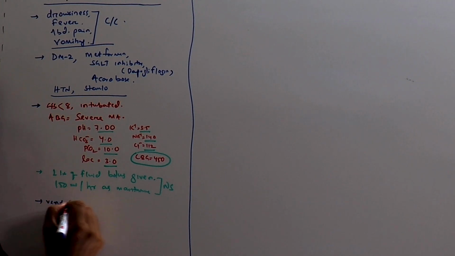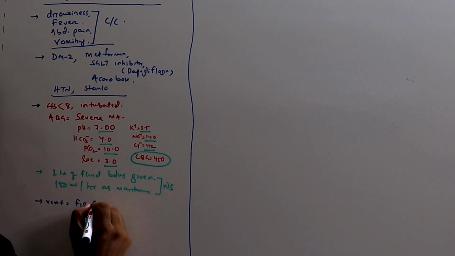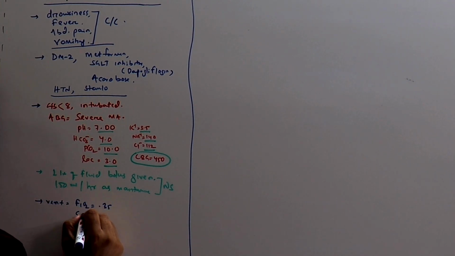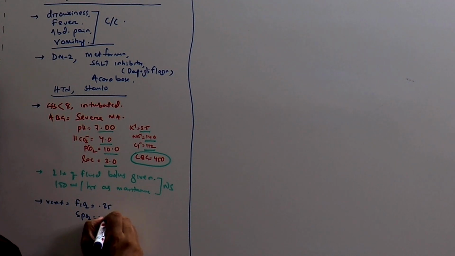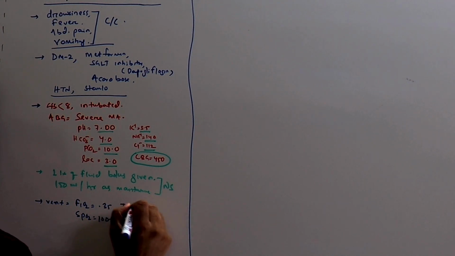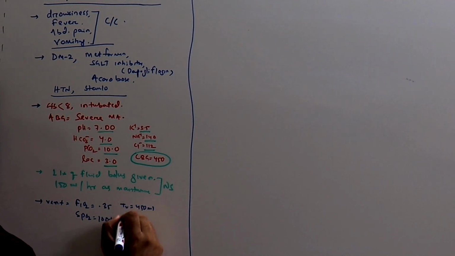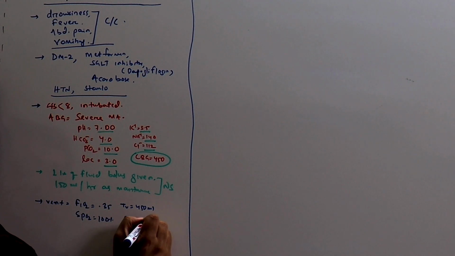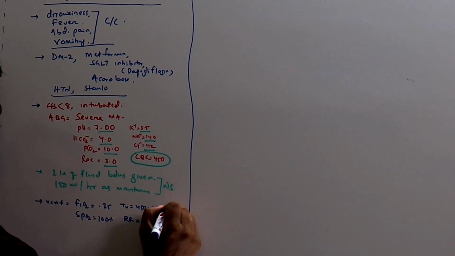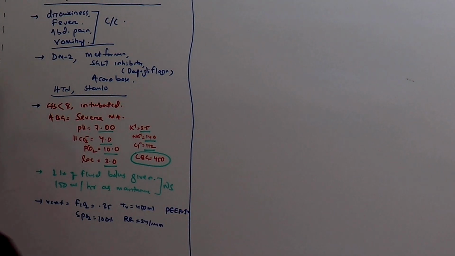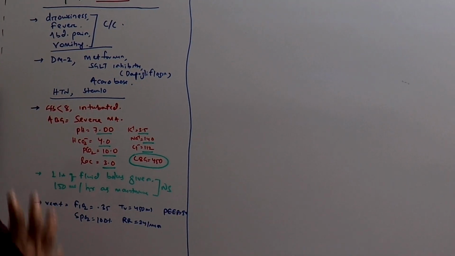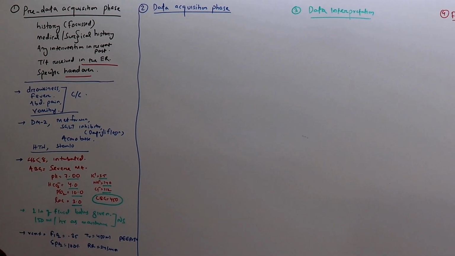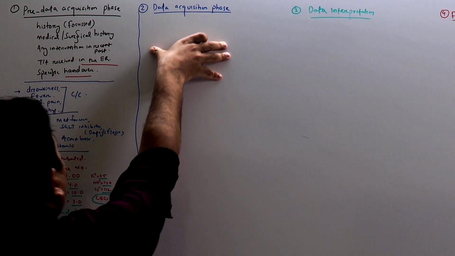On the ventilator, the patient is requiring FiO2 of 0.35, SpO2 is 100%, tidal volume is 450 ml, respiratory rate is 24 per minute, and of course they are giving a PEEP of 5. So with this treatment, the patient has now come to your ICU. In the ICU, with this background information, now I examine the patient.